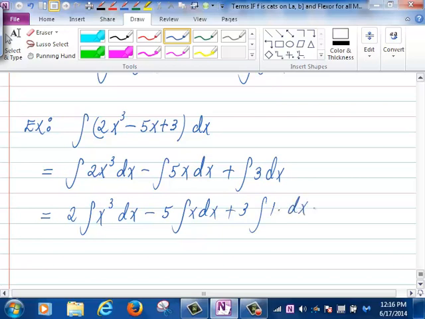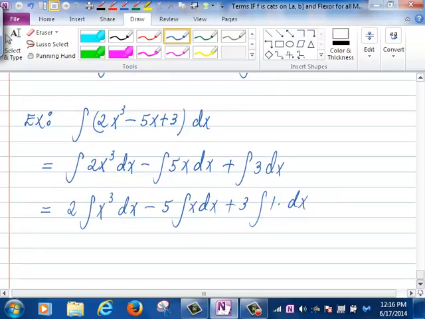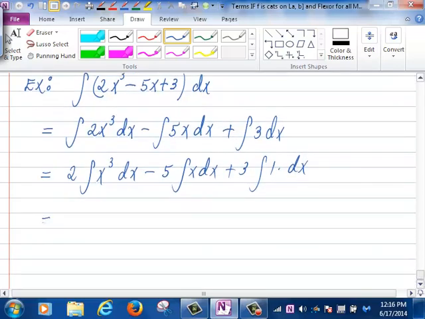What's the integral of x cubed? By the power rule, it is 1 over 4 x to the 4, right? Minus, what's the power rule formula for the integral of x? 5 times half x squared, right? And then the last one would be what?